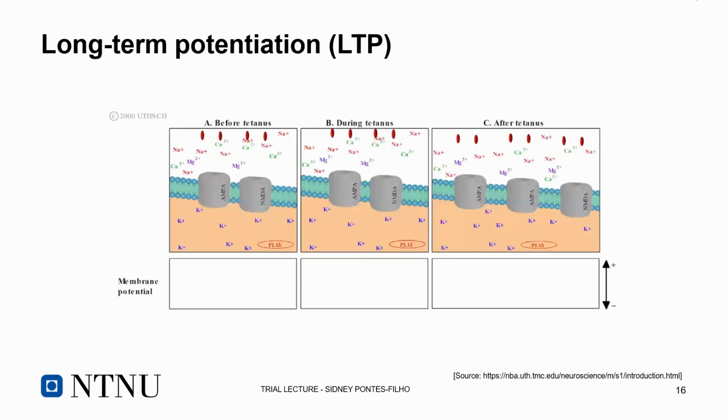It allows sodium to enter the cell and potassium to go out, but it's blocked by a magnesium ion. But when the magnesium ion is not there blocking the NMDA receptor, it also allows calcium to enter. And calcium is what triggers the addition of more AMPA receptors, allowing the postsynaptic neuron to be more sensitive to the stimulus from the presynaptic neuron.